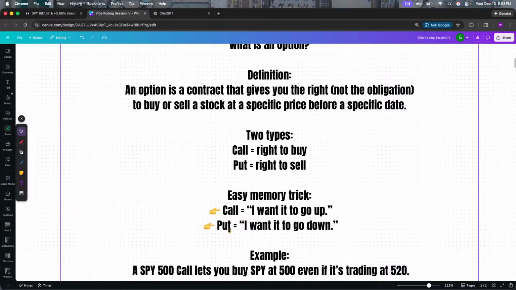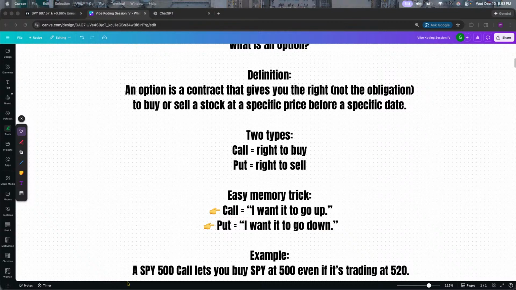When we buy a put, we want the market to go down, so we're bearish on the market. So here's an example: a SPY call of 500 lets you buy SPY at 500, even though SPY is trading at 520, because we think that the market is going to go up.